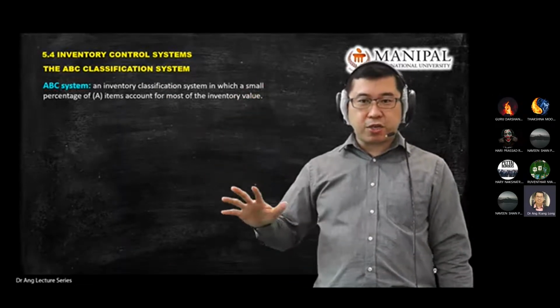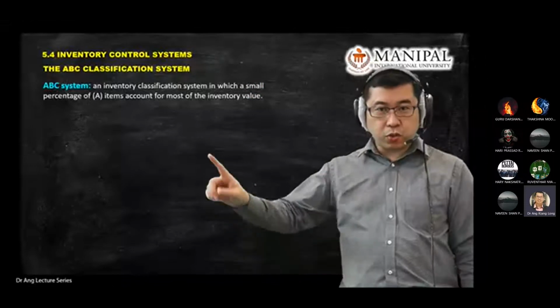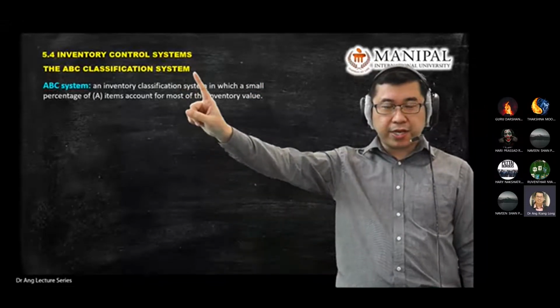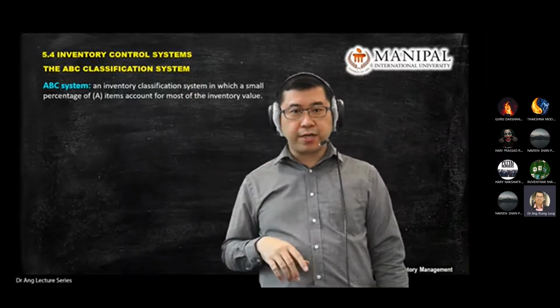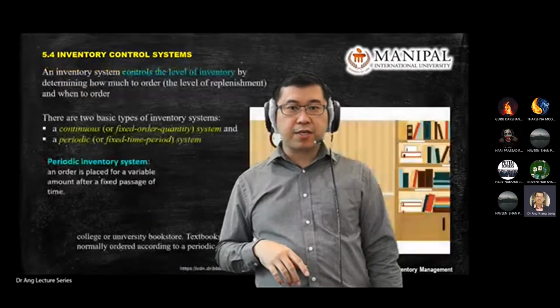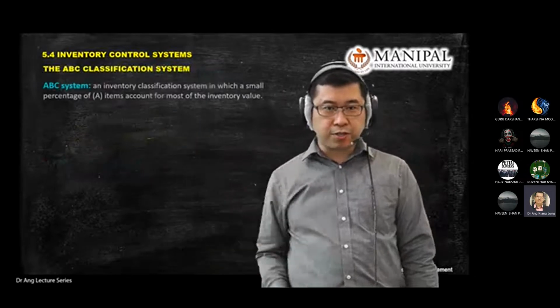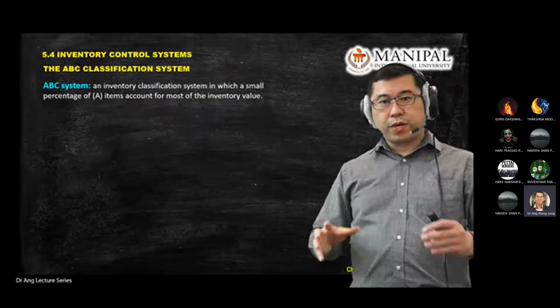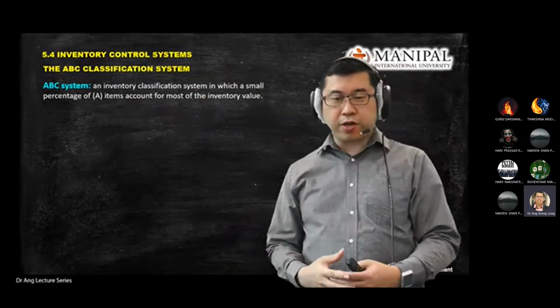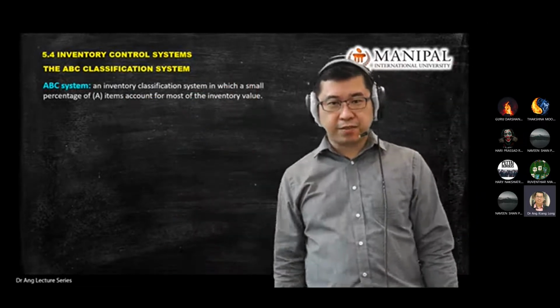Stock A, stock B, stock C. When you do the inventory control system, how do you control your inventory? Okay, yeah, we're still in the control system. So the ABC system is a classification system where you classify all your inventory into A, B, C.